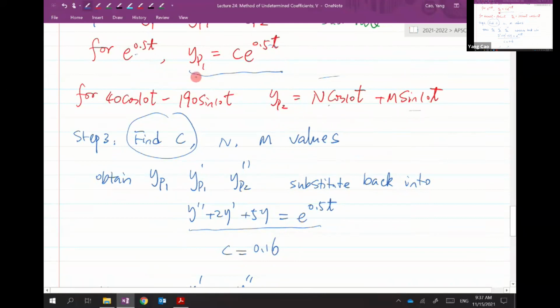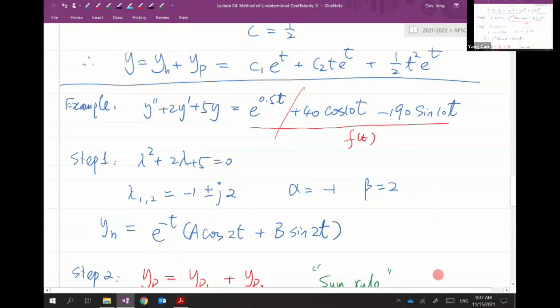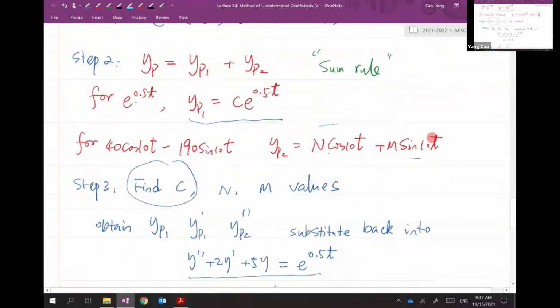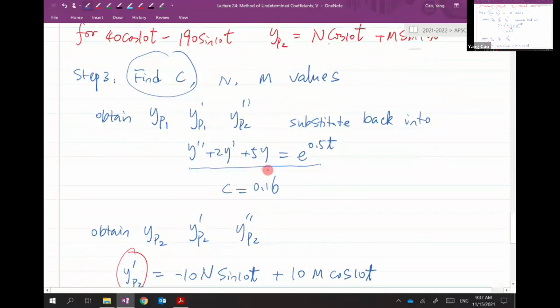And when you solve for YP1, you only keep this e to the power 0.5t. So your original function, you're not keeping this one here because you're only focusing on YP1, which is associated with this term. So you will not have any sine cosine show up when you substitute your YP1, YP1 prime, YP2 prime into the second order differential equation.